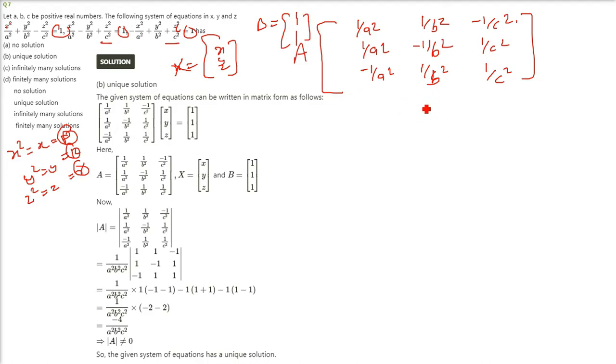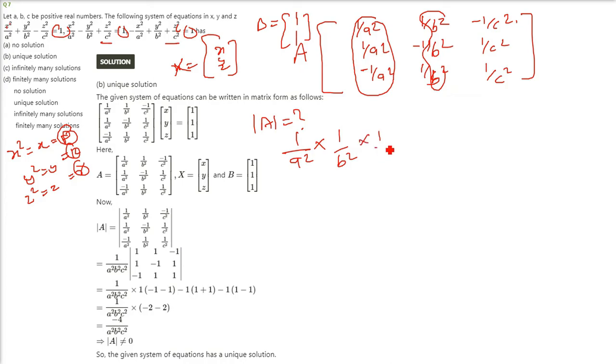In this case, if you want to find out the determinant, because determinant of A will decide the answer. So determinant of A will be what? Let me take 1 by A square common from the first column, 1 by B square from the second column, and 1 by C square from the third column. What is left? 1, 1, minus 1, 1, negative 1, 1, and negative 1, 1, 1.